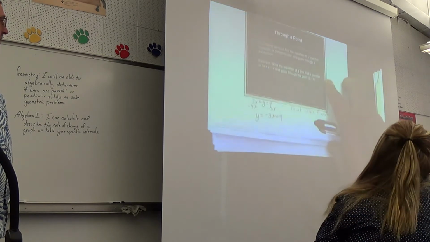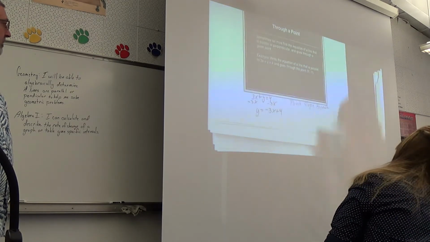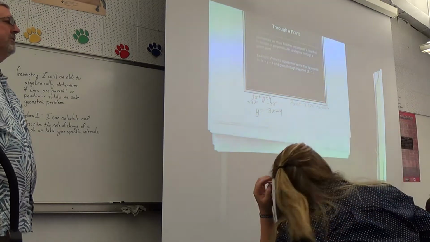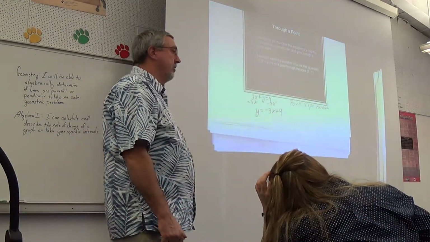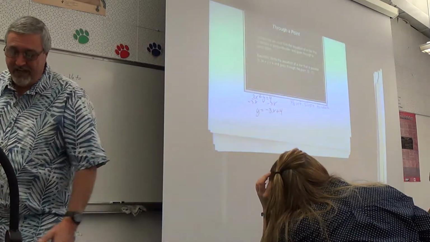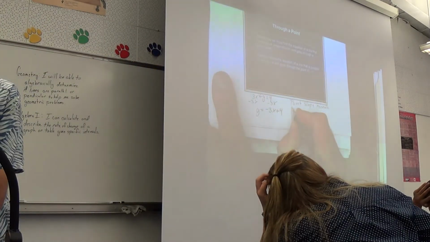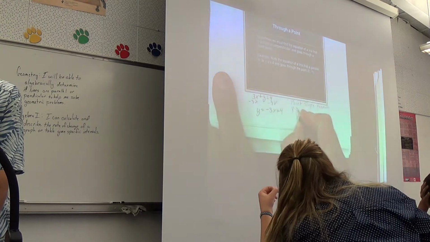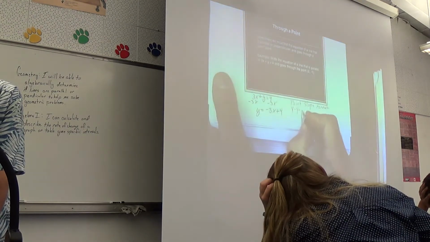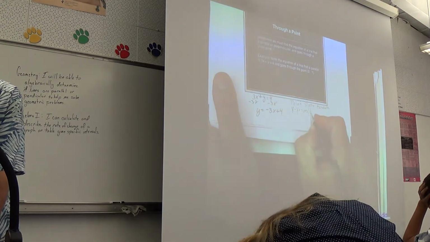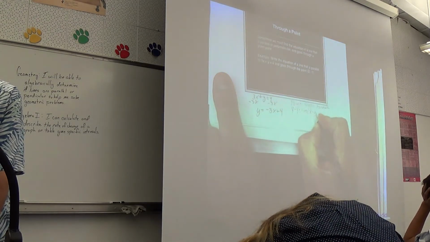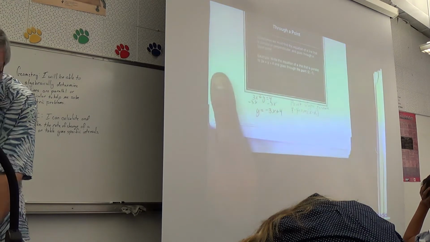This is going to be an important formula for you to have and to use because you're going to use this all week. That formula is y minus y1 equals m times x minus x1.